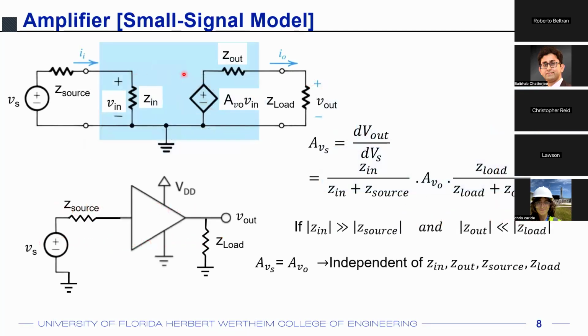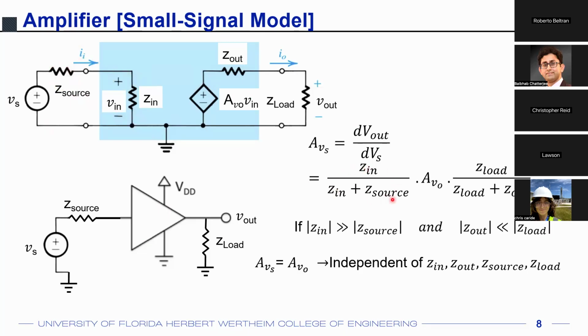All right. Now with the small signal model, this is again basically your homework problem number 4, which we discussed in the last lecture as well. Any voltage source, let's say this voltage source on the left side, will also have some amount of non-ideality. Let's say Z source is the series resistance of that voltage source. So of course, there will be a voltage division at the input side.